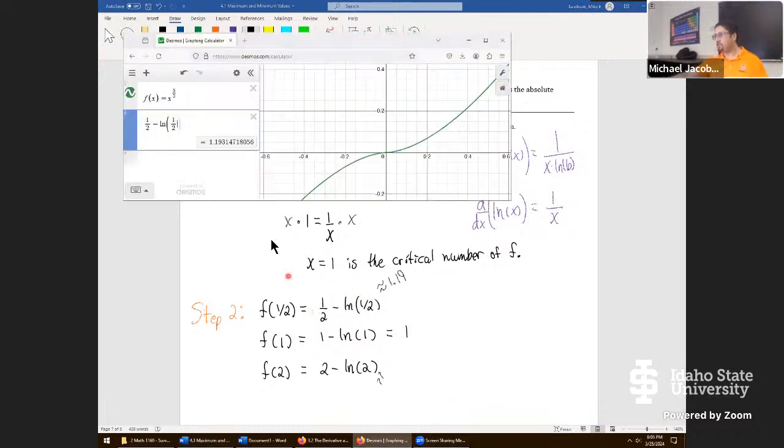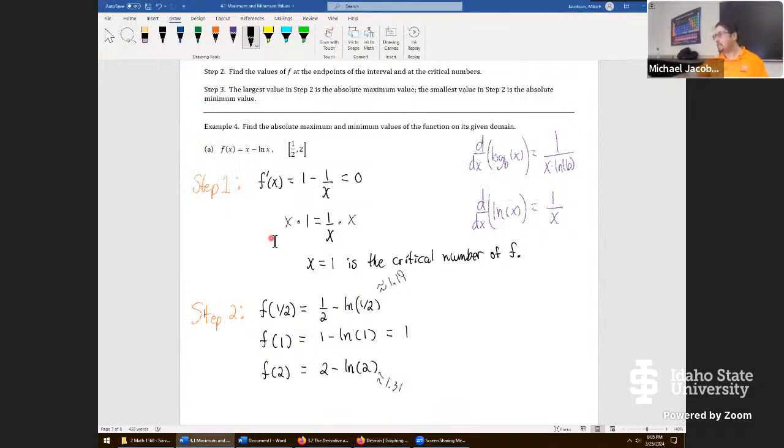And let's check out the other one, 2 minus natural log 2. This one's 1.31 rounded. And so now we have the size of the magnitudes of things. This is f at the endpoint, at a critical number, and at the other endpoint.